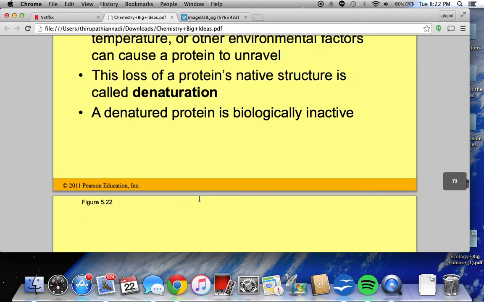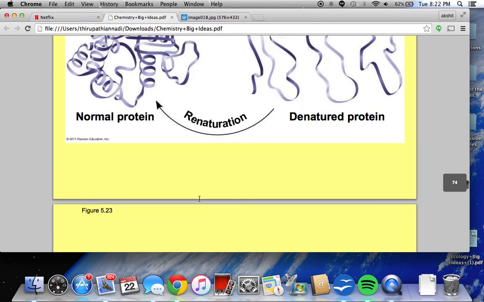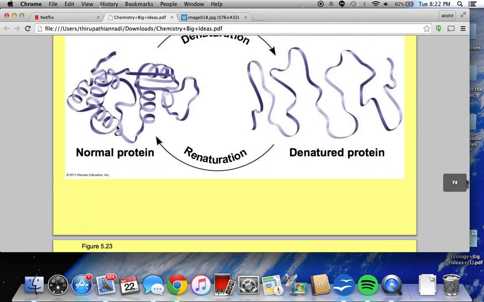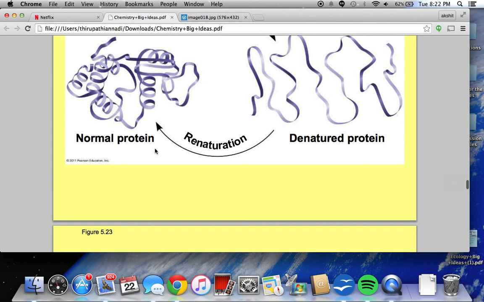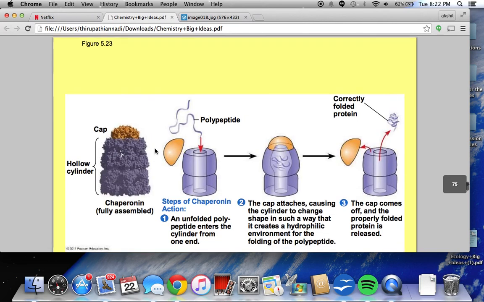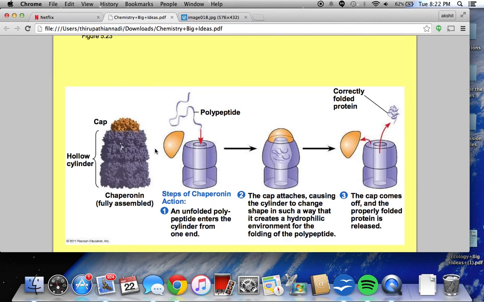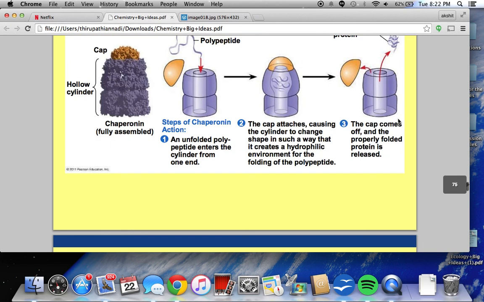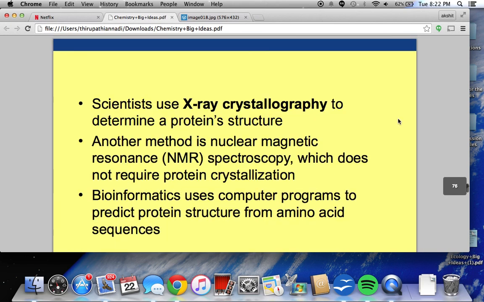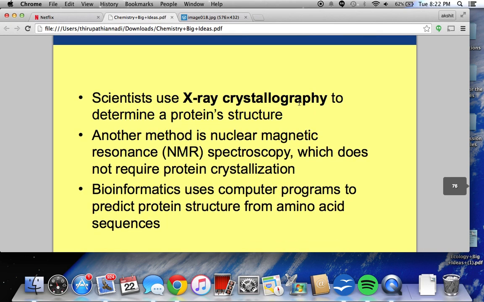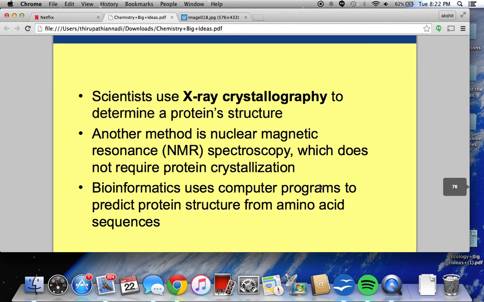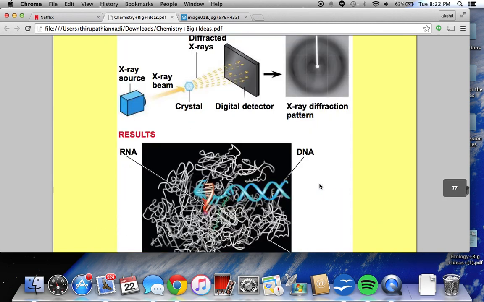You can see a normal protein being denatured, then renatured. This can be a part of the body, or you can do it artificially: the polypeptide, all the amino acids go in, it does its thing, and it comes out folded and correctly shaped, and the protein is formed. There are a bunch of ways to determine protein structure, a bunch of processes. I'm pretty sure we don't need to know about this that much.